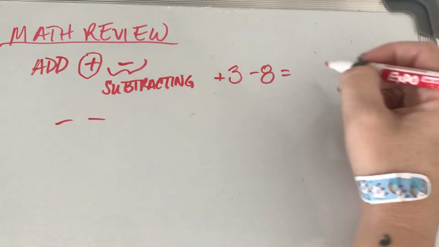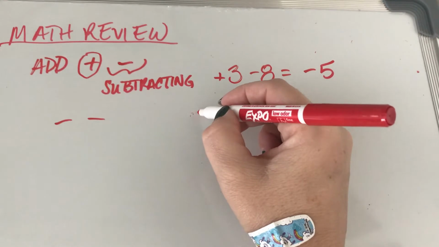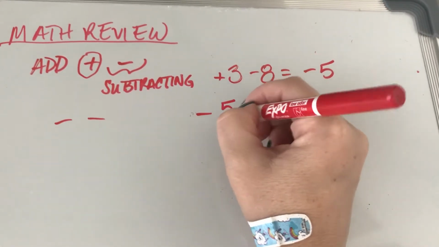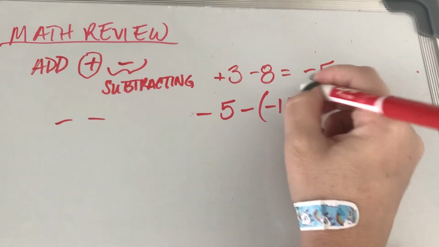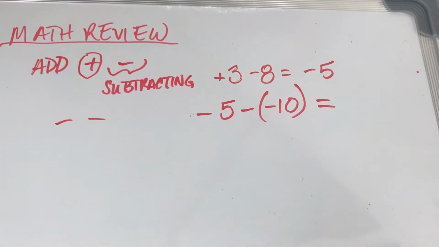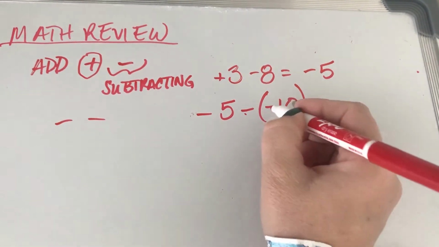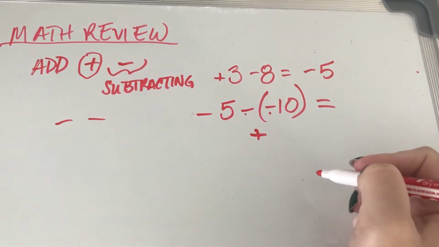-5. -5, exactly. But let's say we have -5 minus 10. That one's going to be -15. Wait, no: when you have a negative and another negative next to each other, they give you a positive value.